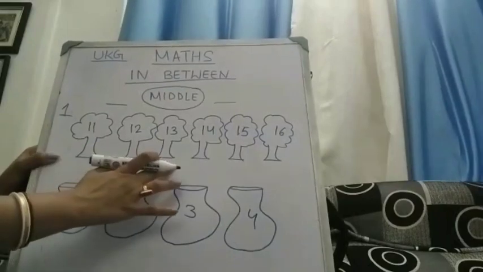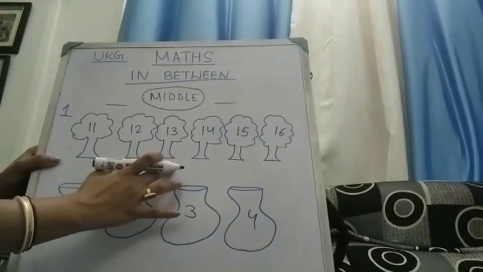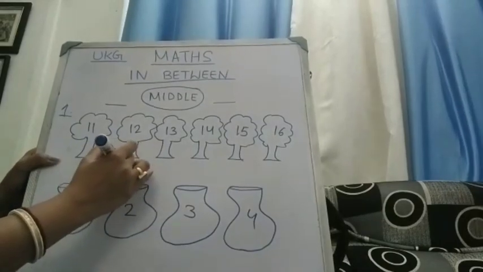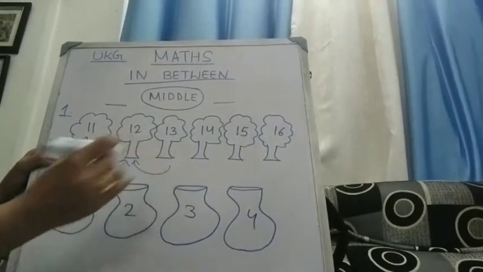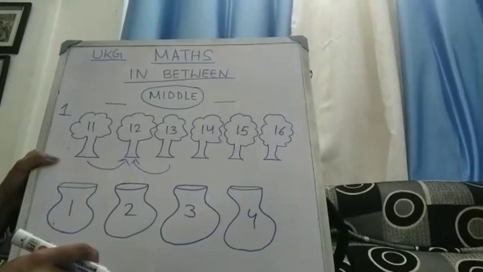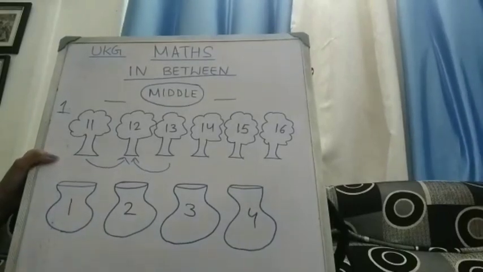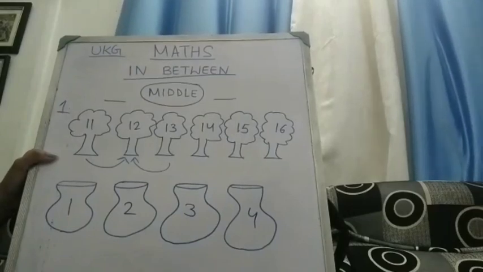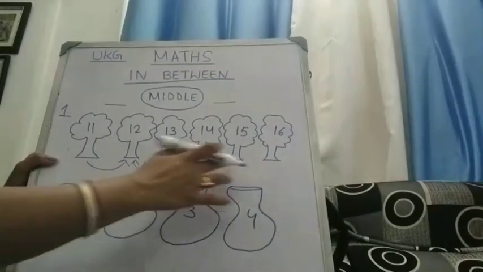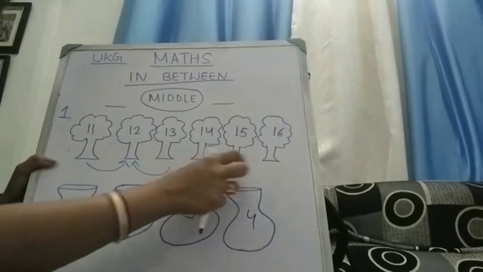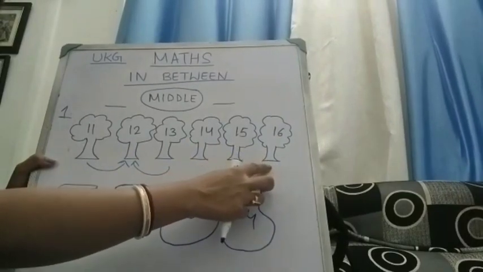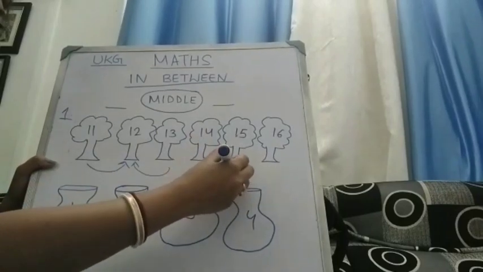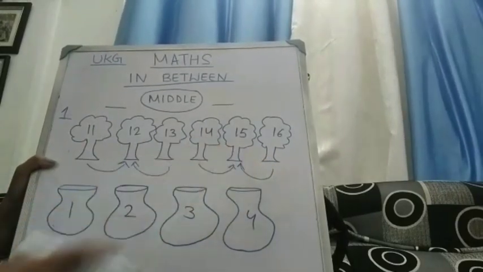Middle of 11 and 13 is 12. Clear? Now, which number comes between 14 and 16? The number is 15. Clear?